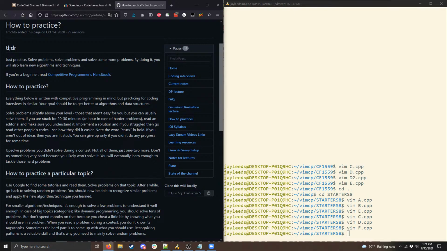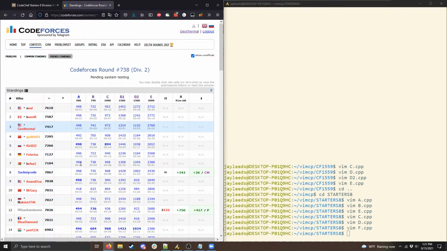What I mean by that is, if you don't know how to solve a problem, I would read the editorial and then implement the solution to make sure you really understand it. Afterwards, I would take some time to think about why you didn't solve that problem and what you're going to do to solve a similar problem if it comes up in the future.